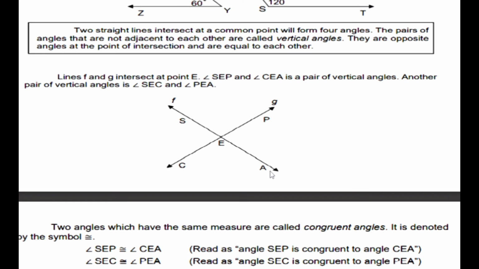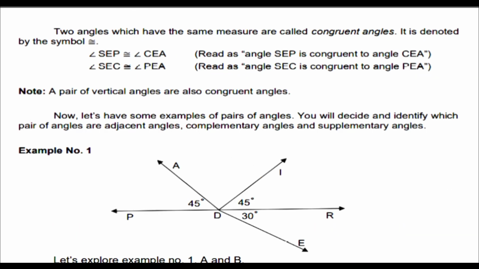Another pair of vertical angles are angle SEC and angle PEA. So these two angles are vertical angles. In these two intersecting lines, we form four angles with two pairs of vertical angles.